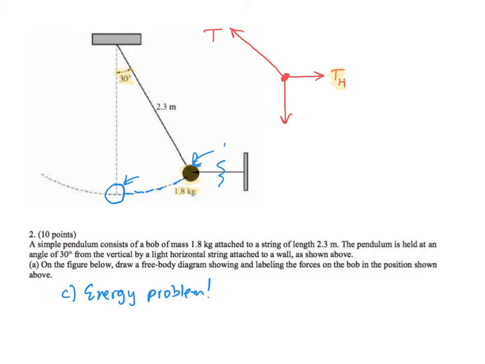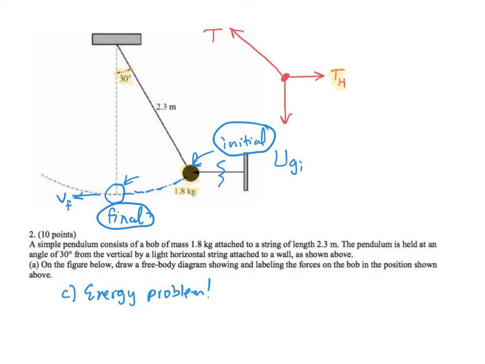This is the initial situation. This is the final situation when it's at the bottommost point. The initial situation is UG. The final situation, certainly it's moving. It's got a good velocity down here, and that's what I want you to calculate, is its velocity at the lowest point.